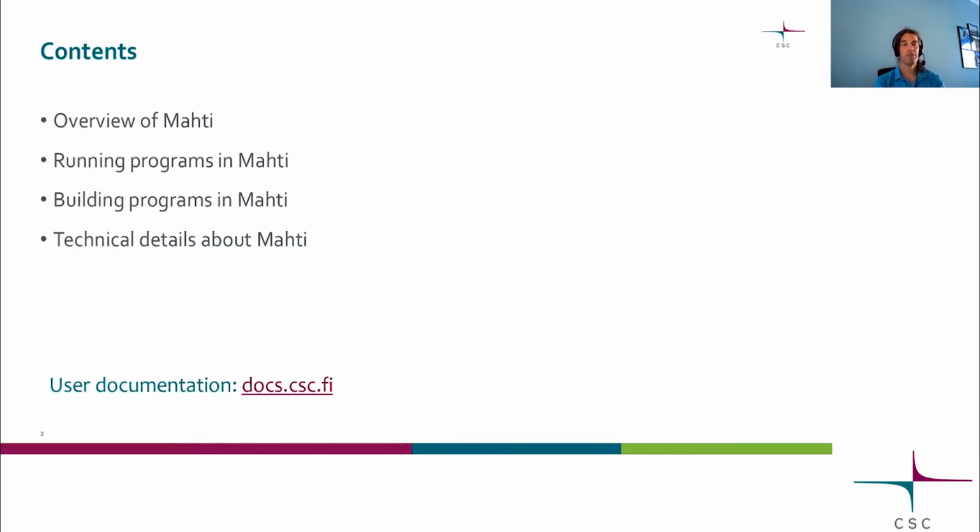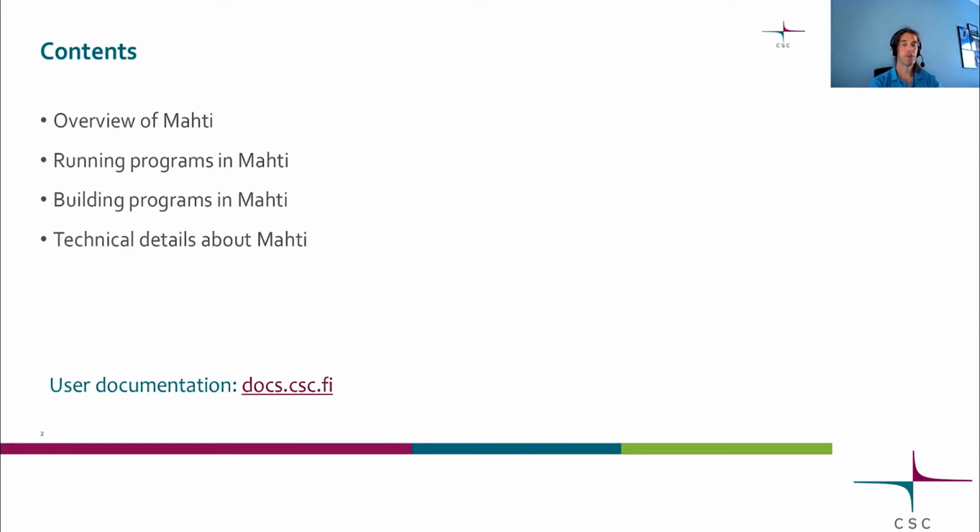Here you can see the brief contents of this. First, I'll give a very short overview about Mahti, what kind of system that is, and then we look at how to run programs in Mahti. I'll try to make a few examples and demos. Then, if you have your own software or want to use software that's not available in Mahti, how to build programs, and at the end we go to some more deeper technical details.